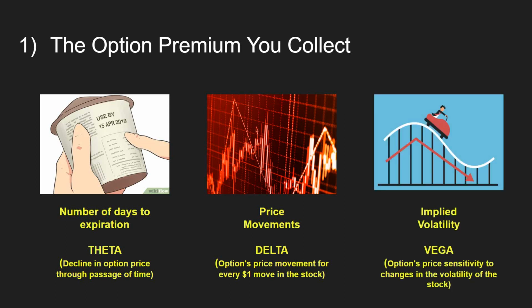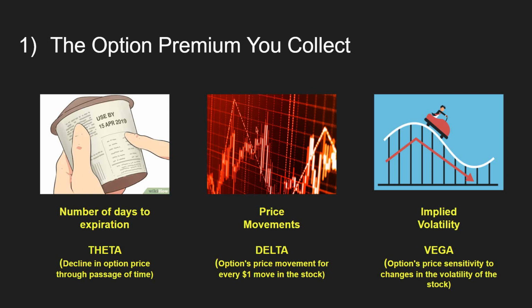And then the last one is implied volatility. Implied volatility is measured by Vega, which is the option's price sensitivity to changes in the volatility of the stock. Now, what impacts volatility? Implied volatility, again, is what option sellers put onto the stock based on news, upcoming earnings, or any external factors going around.